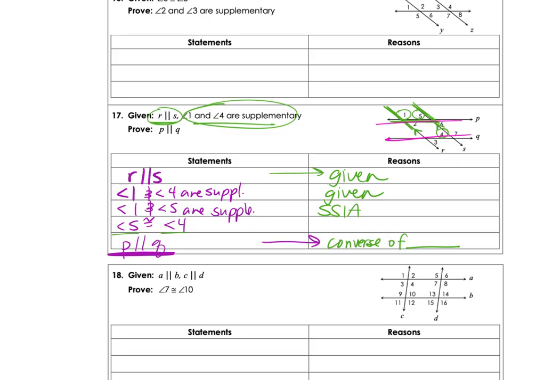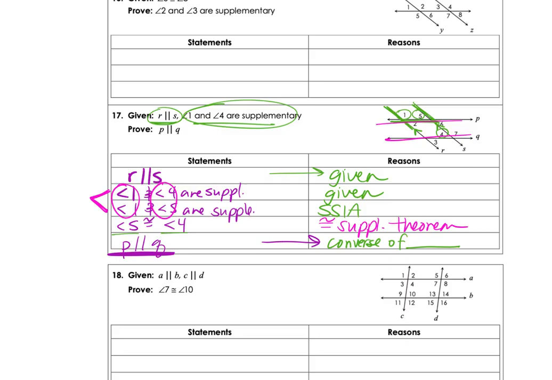That's P and Q. So you can't say corresponding angles. But if you look here, 1 and 4 are supplementary and 1 and 5 are supplementary. So that means these two have to be the same because they add up with this to the same 180, right? That's the congruent supplements theorem. Okay.